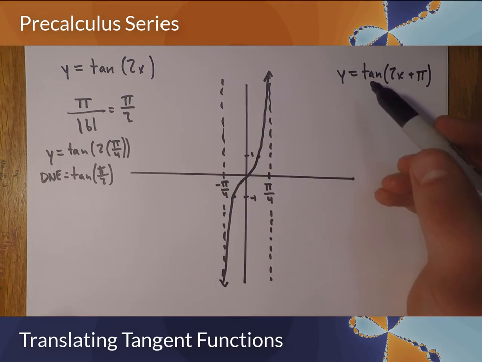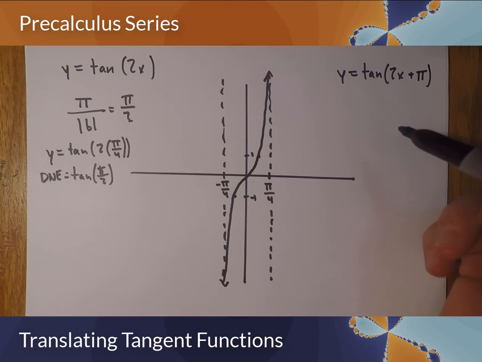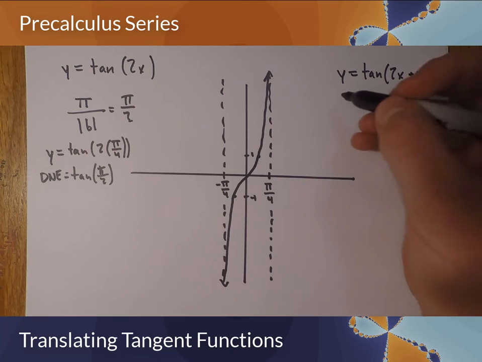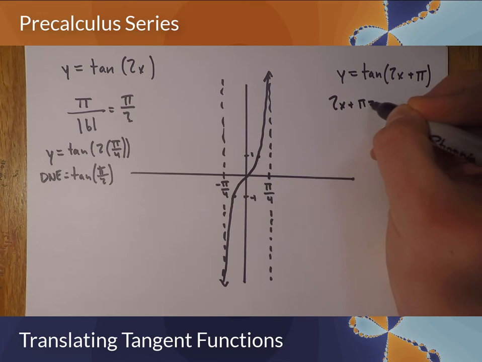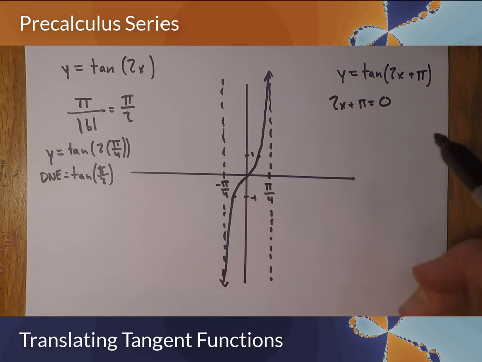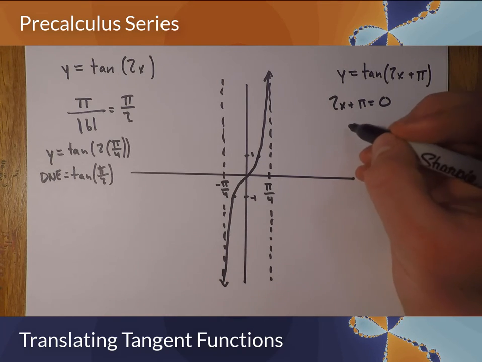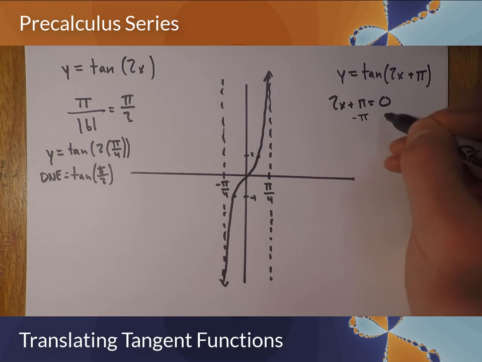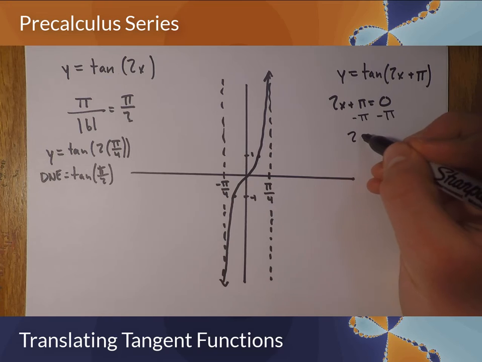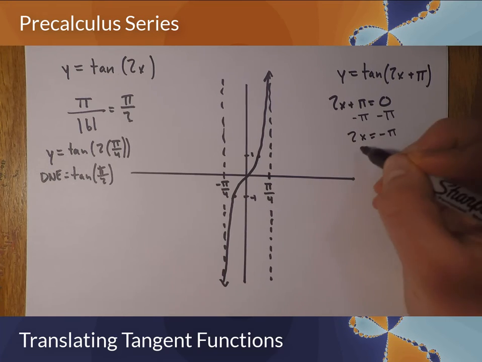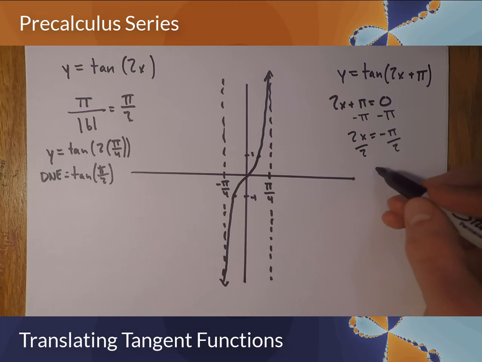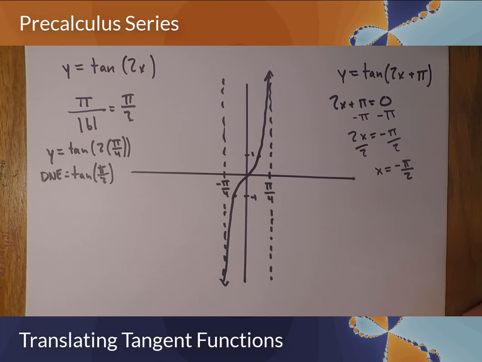To get y equals tangent of 2x plus pi, you need to input the equation 2x plus pi equals 0 to find how far it's shifted horizontally. So you set it equal to 0 and solve for x: subtract pi from both sides, then you get 2x equals negative pi, divide both sides by 2, and you get x equals negative pi over 2.